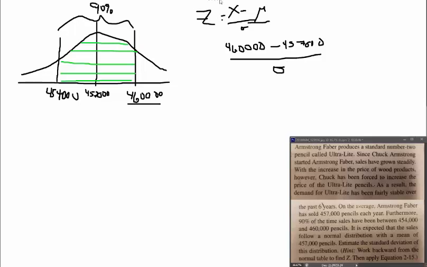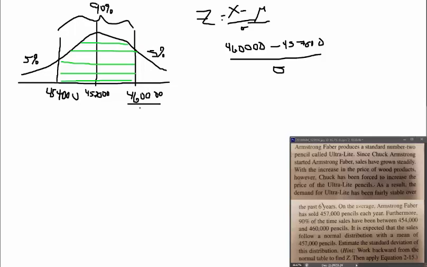Now the question is, how do I determine Z? Well, if this represents 90% of my distribution, that means that 5% of my distribution is here, and 5% of my distribution falls right here.